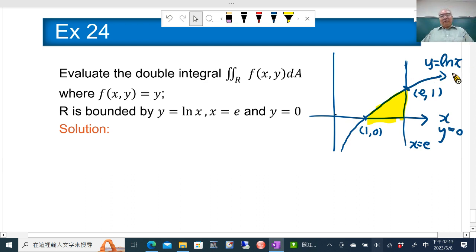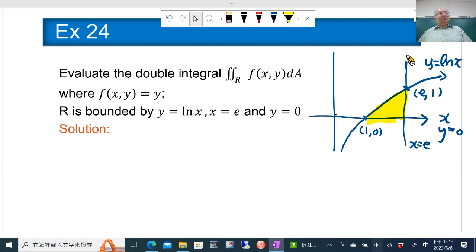We might think about this as lower function, this as upper function, that becomes type 2, right? So we do have two options. But in order to use type 2, you have to use the function which is x in terms of y. And our function given here is y in terms of x, so we might use type 1. Okay, so let me begin with type 1.